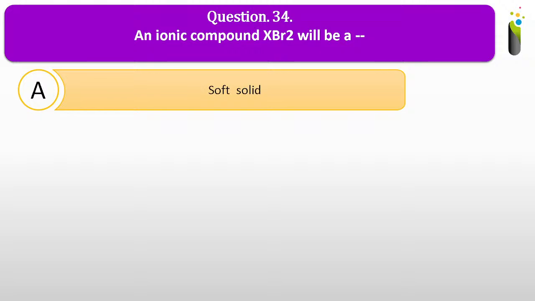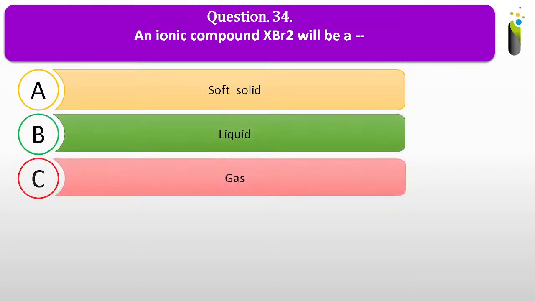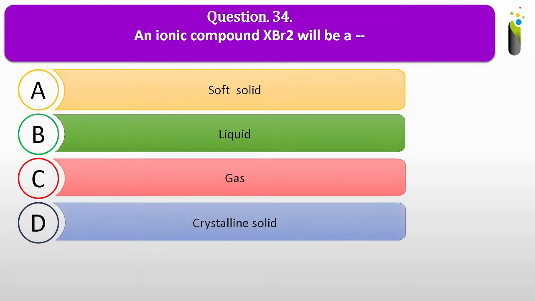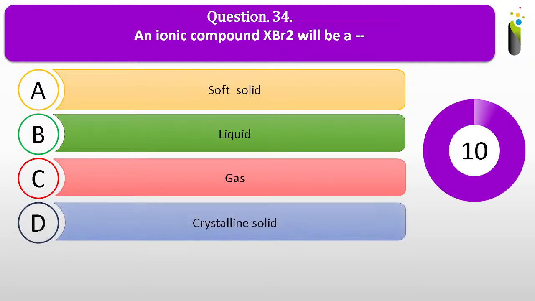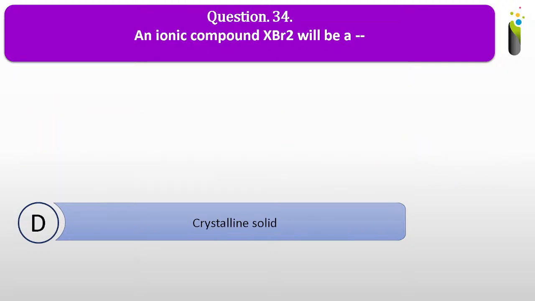A. Soft solid, B. Liquid, C. Gas, D. Crystalline solid. And the correct answer for this question is D. So an ionic compound XBr2 will be a crystalline solid.